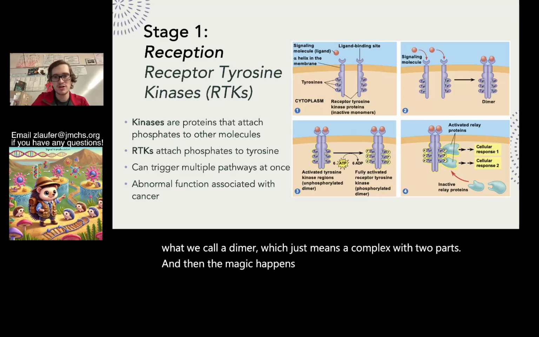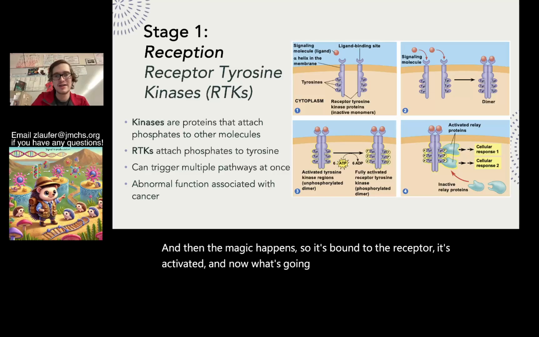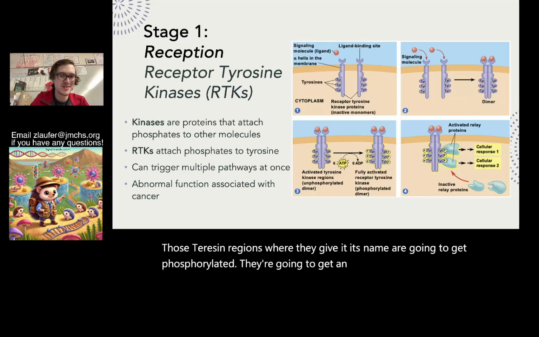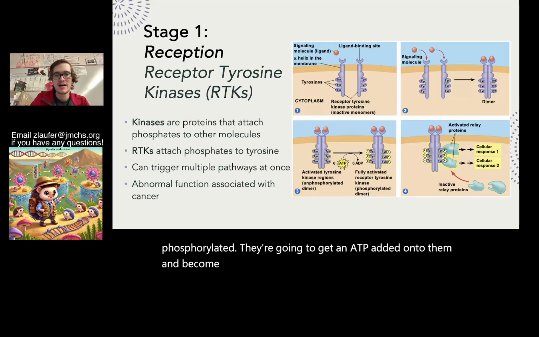So it's bound to the receptor, it's activated, and now what's going to happen is those tyrosine regions that give it its name are going to get phosphorylated. They're going to get an ATP added onto them and become active.